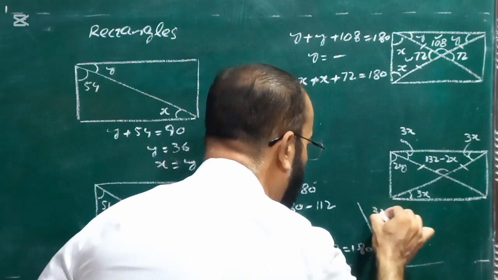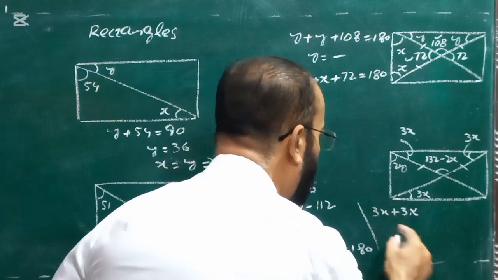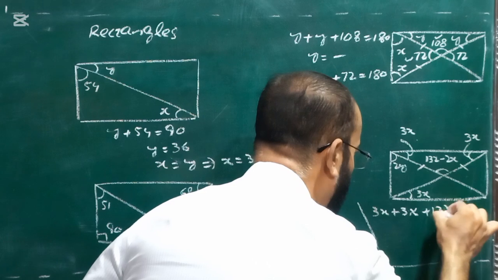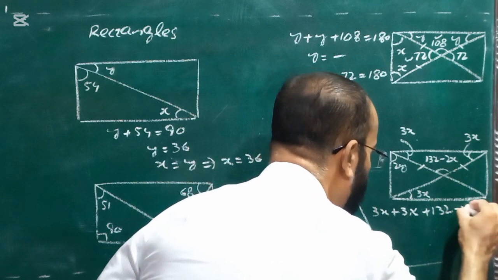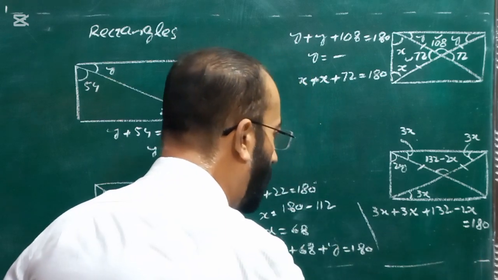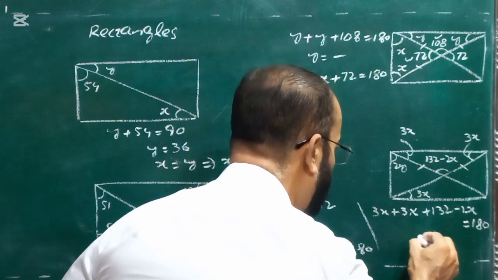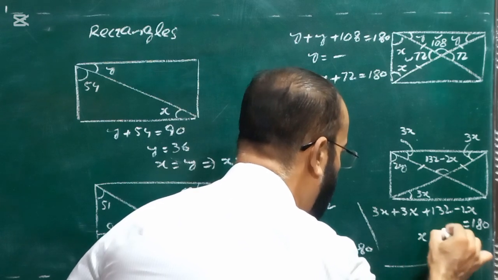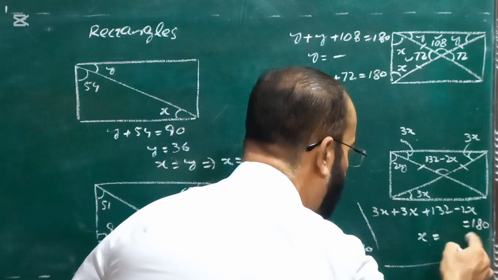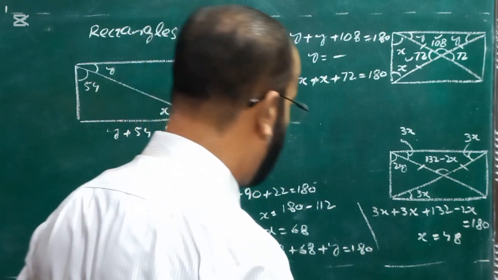So the x value will be solved from here. So 3x plus 132 minus 2x is equal to 180 degrees. From here you will solve, you will get the answer. 3x plus 3x, 6x minus 2x will be x, and this 132 will be subtracted from 180. So 48 is the answer of x.